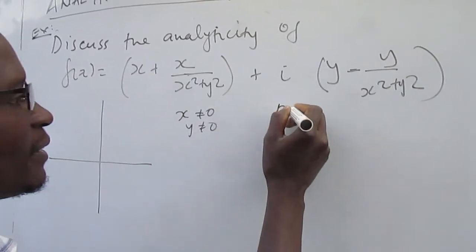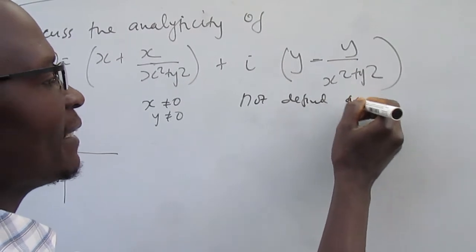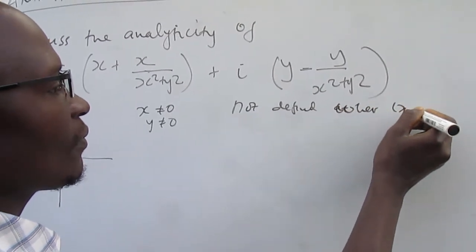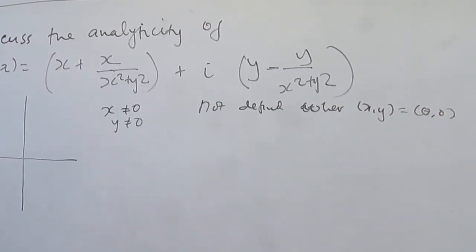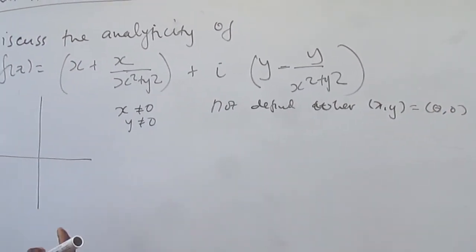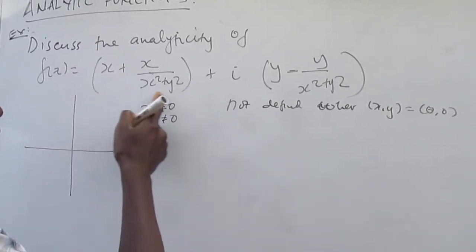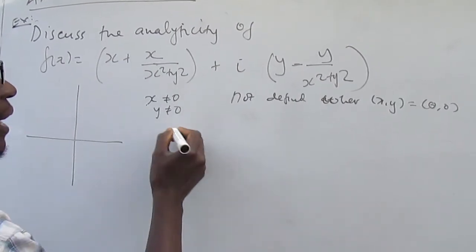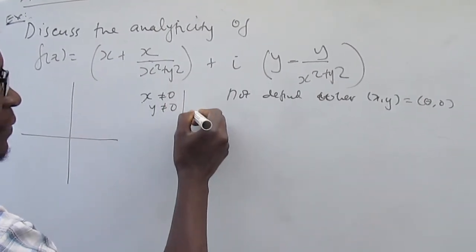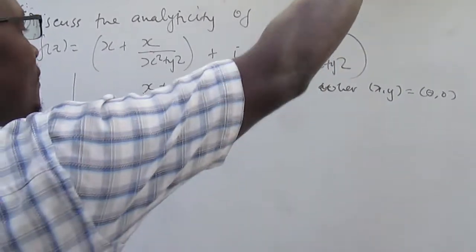So we can say not defined when x and y are simultaneously both 0. And so the first case we are going to look at is when x is not 0 and y is not 0, and then probably consider the case when either x or y is 0 to check what happens on the axes.